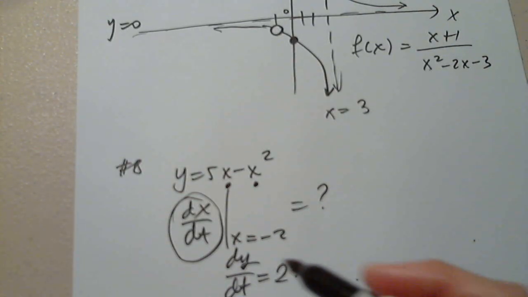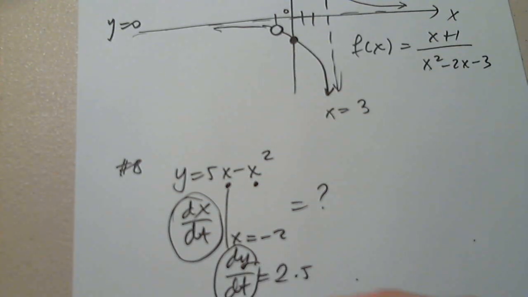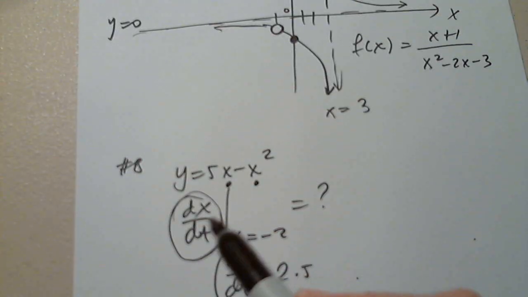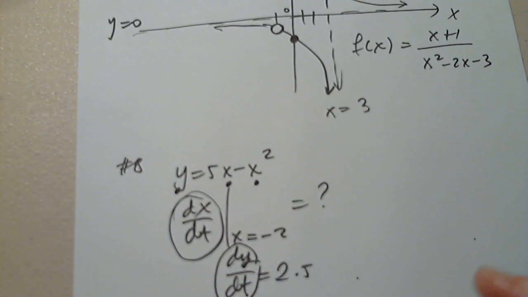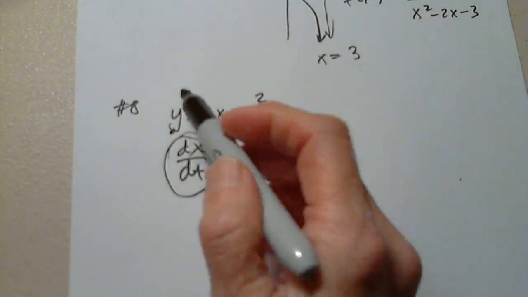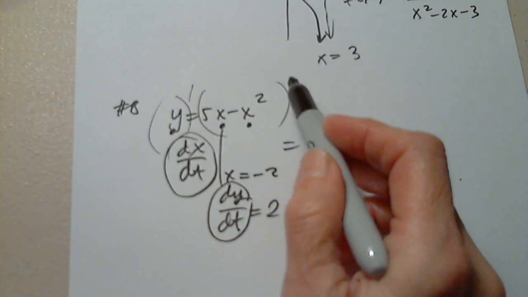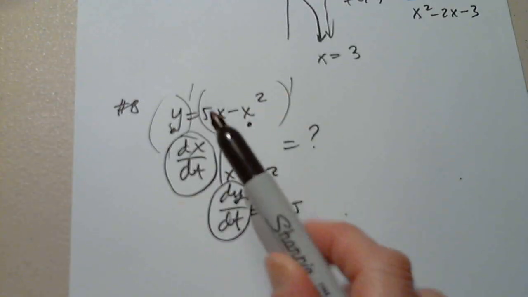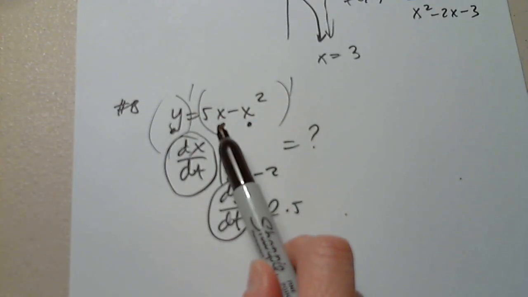Also, dy over dt means that y is a function of t. So when we differentiate both sides, we have to remember that y is a function and x is a function.